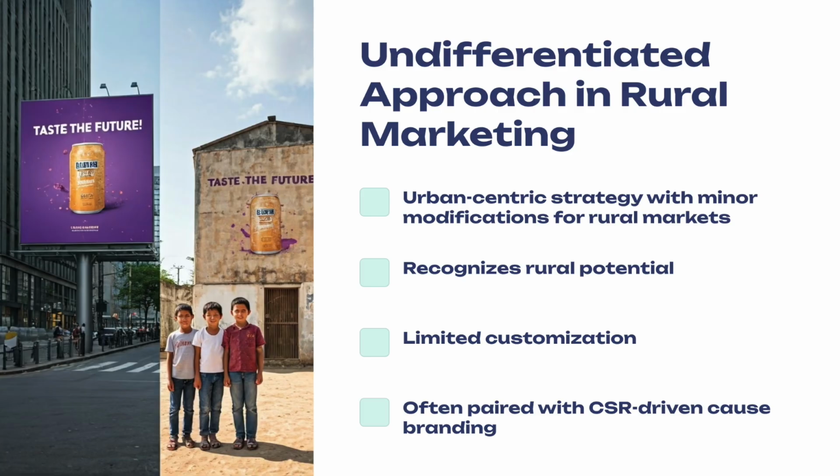However, instead of designing complex or highly localized marketing strategies, they decided to extend their urban strategies to rural regions with minimal modifications. The belief was simple: if a marketing strategy works in an urban area, it should work in a rural one too, especially when the product is standardized and mass market.